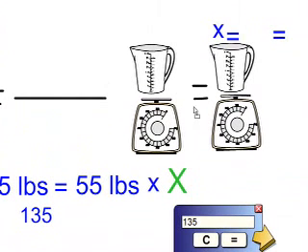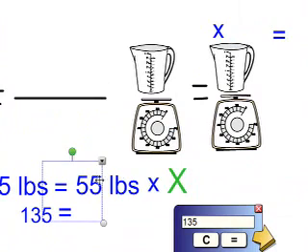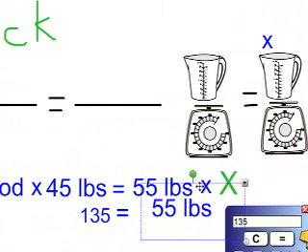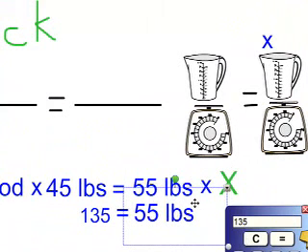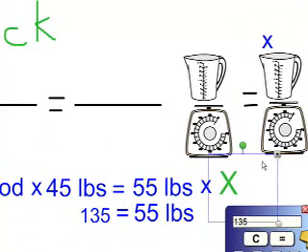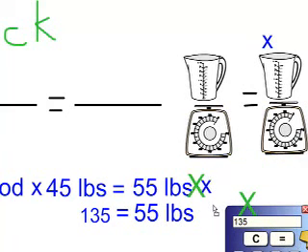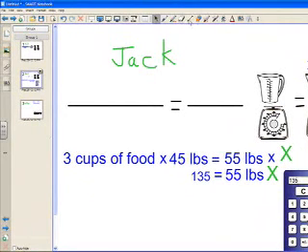That's going to be equal to 55 times my x. Now I need to go ahead and divide both sides by 55. So I'm going to get rid of this 55 on this side.